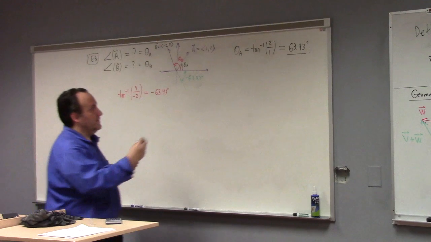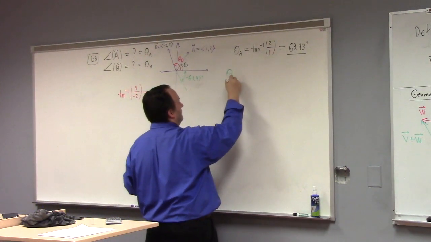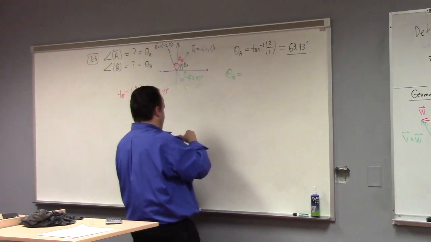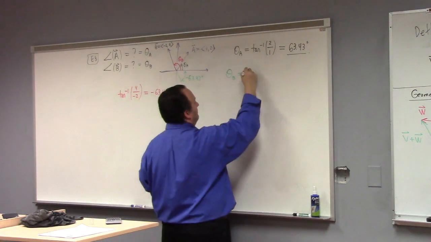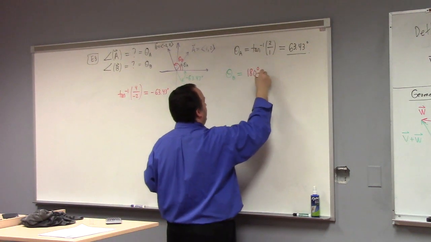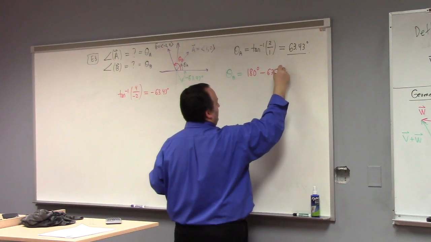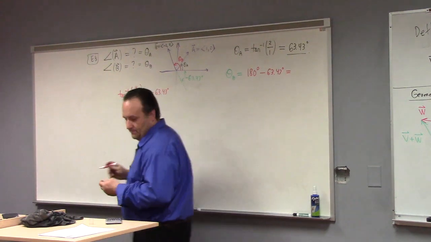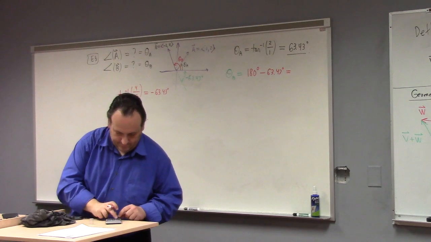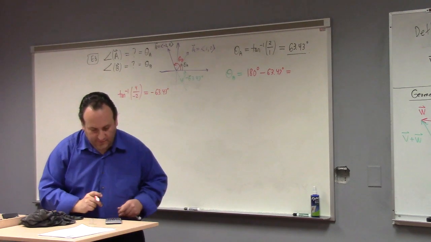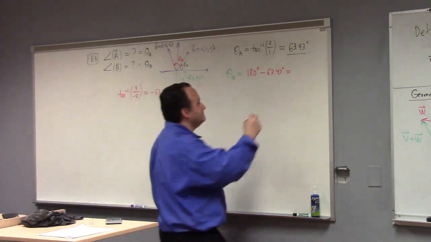Well, theta B is 180 degrees minus 63.43 degrees, so you get 116.6.